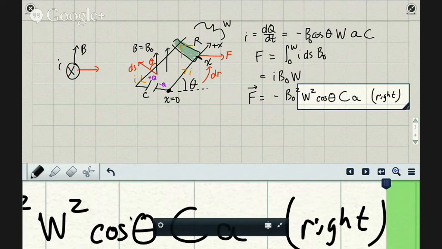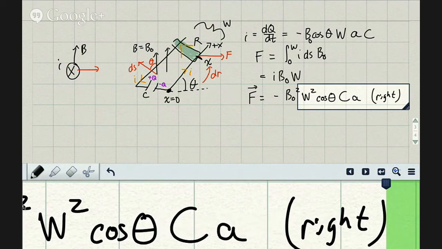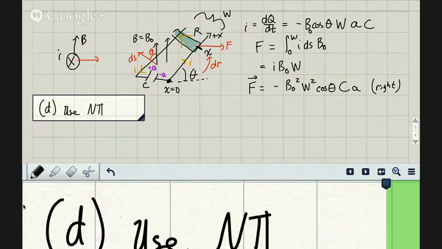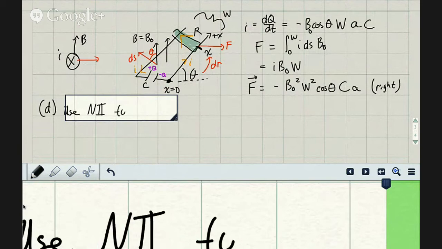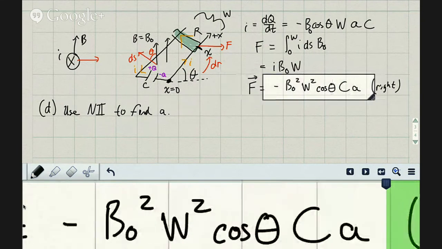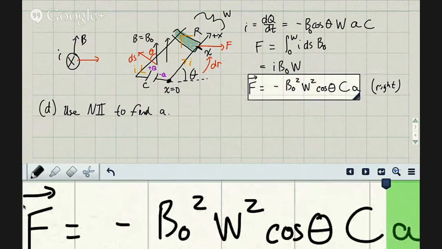Now part D is bonus. Let's not even waste time. It's just using Newton's second law really to find the current through the rail. All right. So use Newton's second law. Let's just say part D. I'll just sketch it out how you do it. Use Newton 2, that's Newton's second law, to find A. Here we have the force due to the current in terms of A, right?